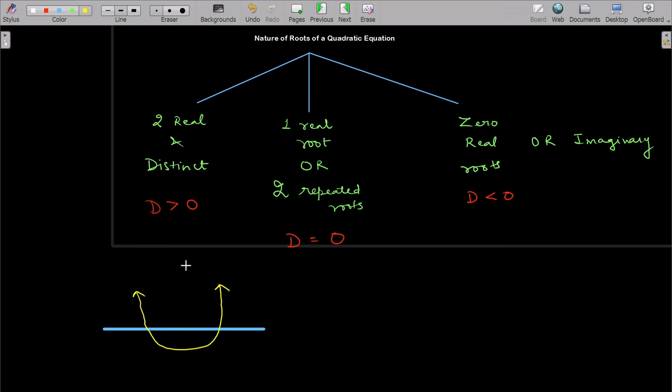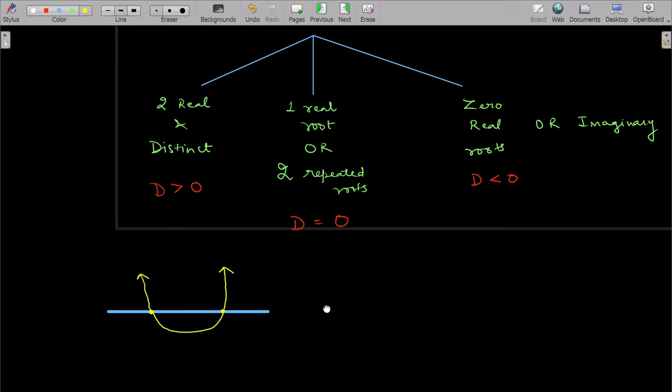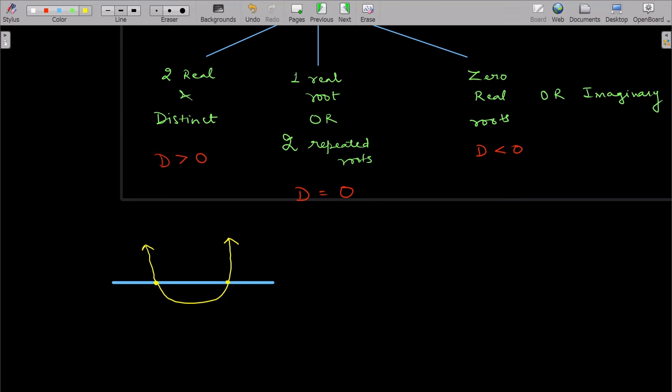Okay, in the first case. The points of intersection are also called x-intercepts, where the graph is intersecting the x-axis. So there will be 2 x-intercepts when you have 2 real and distinct roots. And these points, the x-intercepts, will also be the roots of the quadratic equation.